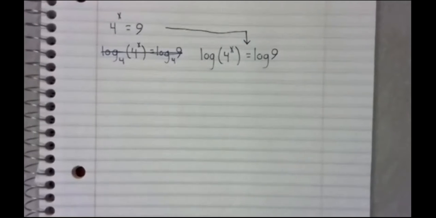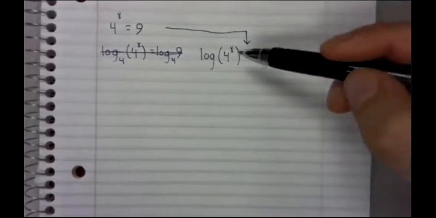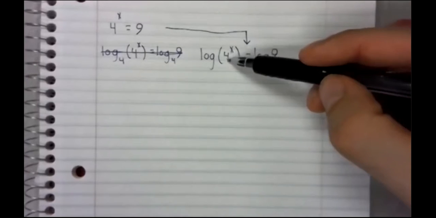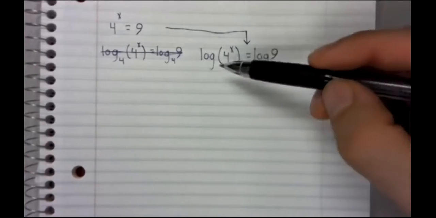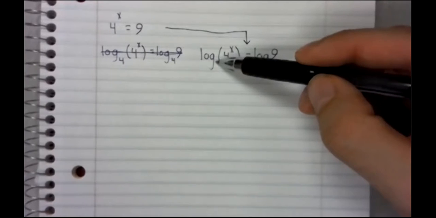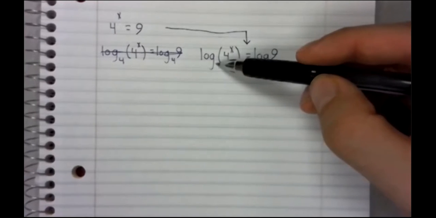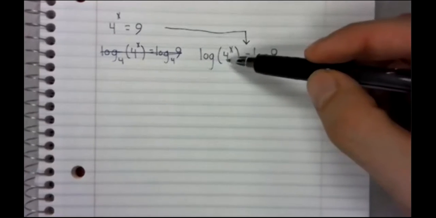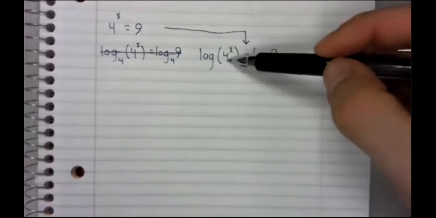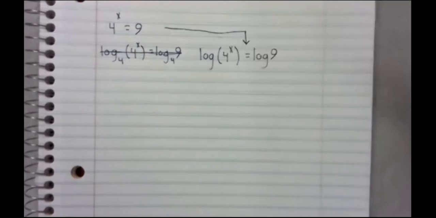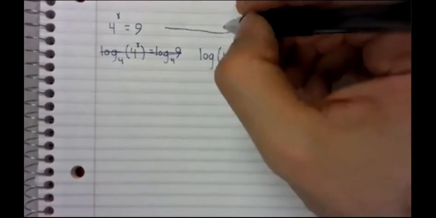Now, if we use a logarithm that doesn't match the base of the exponent, a log base 10 here, an exponent of 4, then the common logarithm and the exponential function don't cancel out.